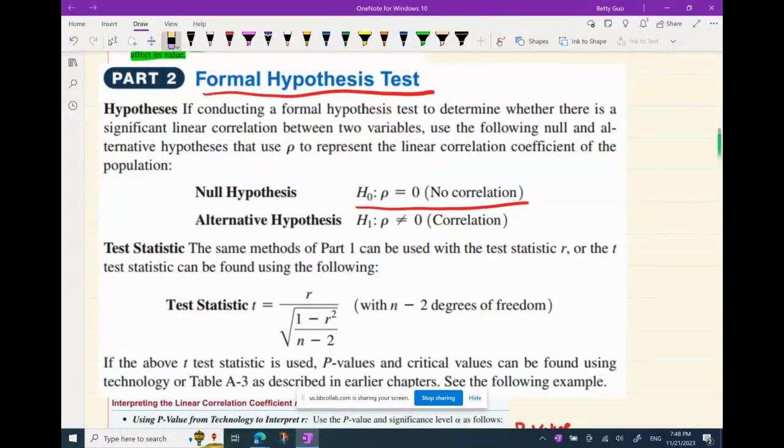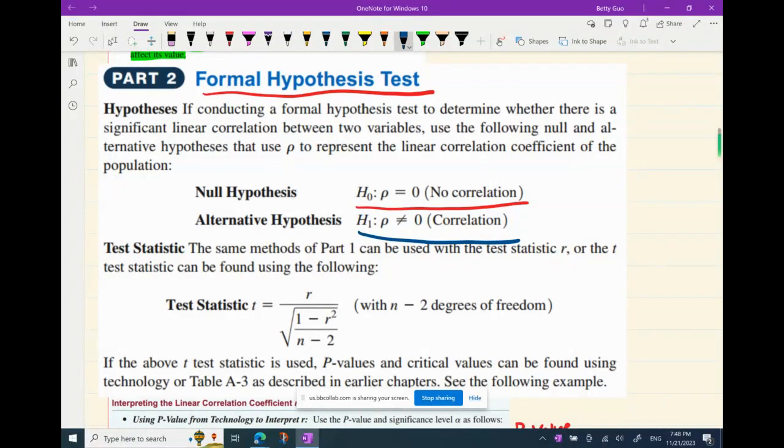So our null is always rho equals 0. For the hypothesis test of linear correlation, we always assume there's no correlation. If the linear correlation coefficient is 0, there's no correlation. And the alternative is always not equal to, so it's a two-tailed test.